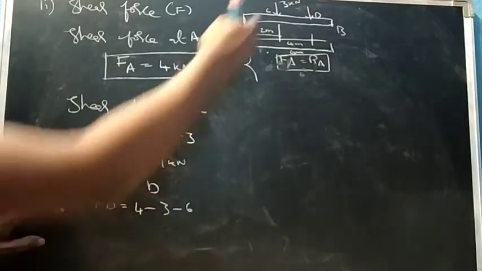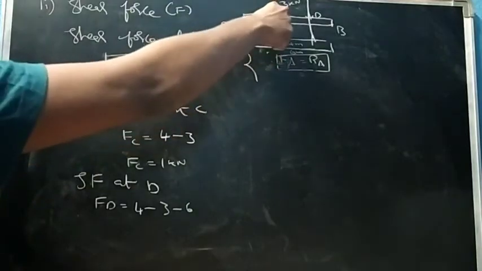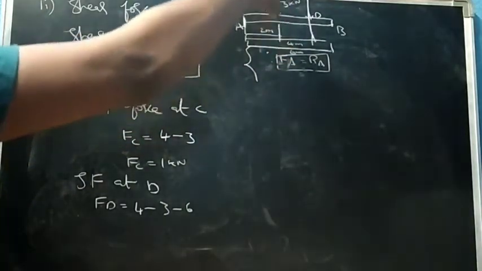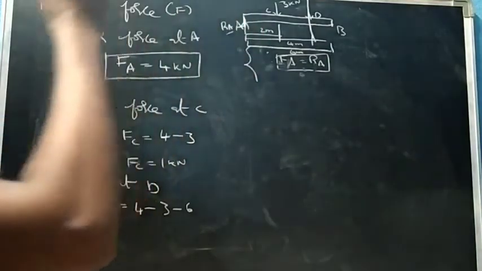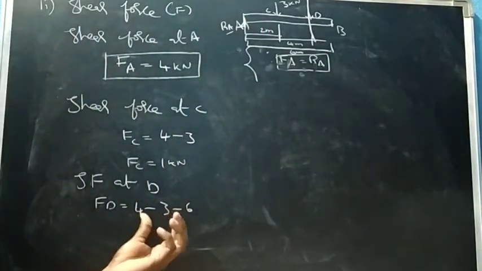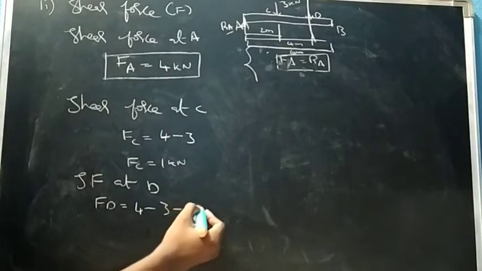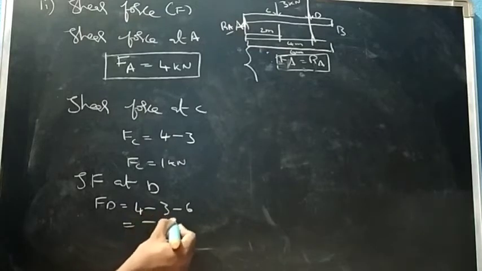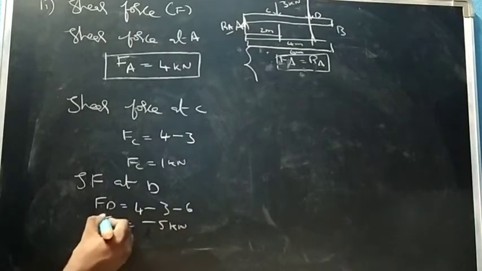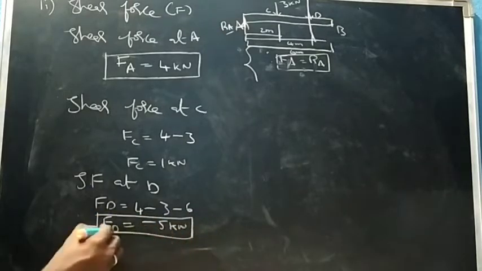So we are taking at D, so it is minus because it is in downward direction. Reaction at A is in upward direction, so positive, minus, negative and negative, right? That gives rise to minus 5 kilonewton. So shear force at D is minus 5. Highlight it.